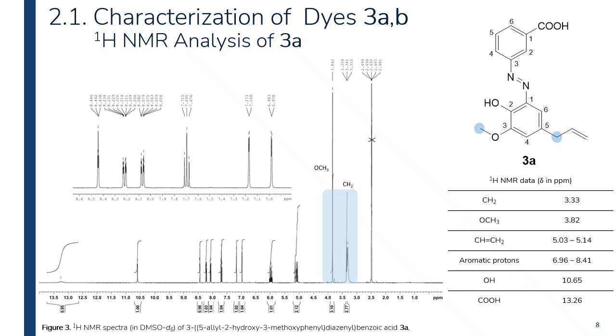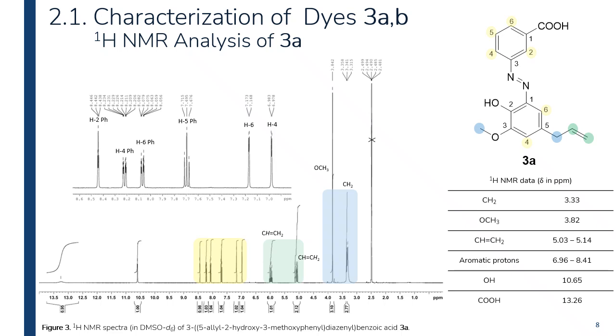In the proton NMR spectrum of dye 3A, we first observe a signal which corresponds to the benzylic group next to the aromatic ring. This is followed by a singlet confirming the presence of the methoxy group. Then we have signals which are characteristic of the vinylic protons.